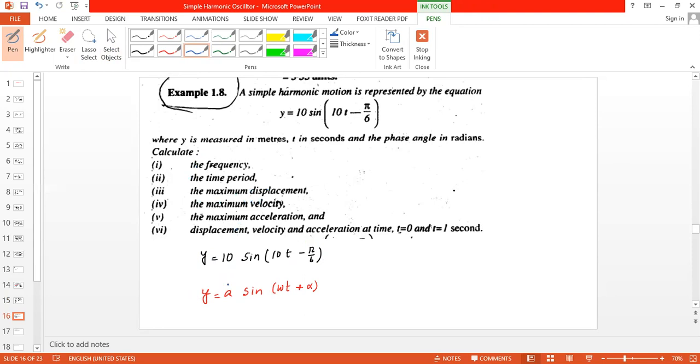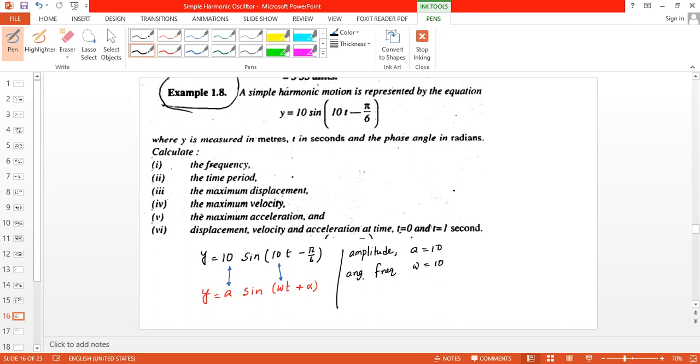By comparing them, you can see that A equal to 10. That means amplitude equal to 10. And angular frequency omega equal to also 10. So the amplitude of the object A equal to 10 and angular frequency omega equal to 10.